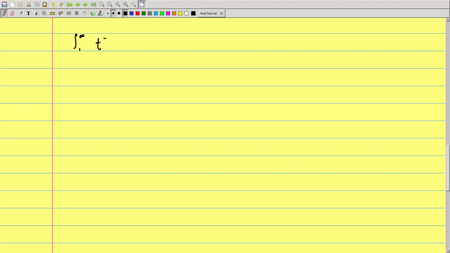There are some other things that we're going to have to make sure that we are aware of. For instance, this may be something that you remember from calculus 2. We have an integral of this form.